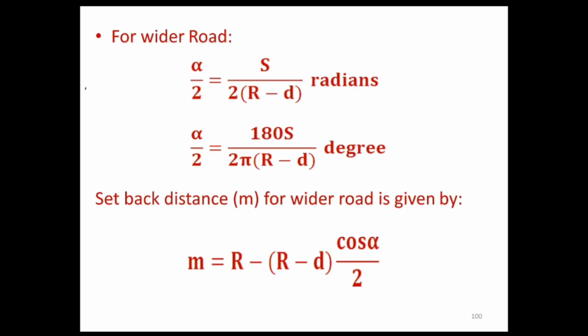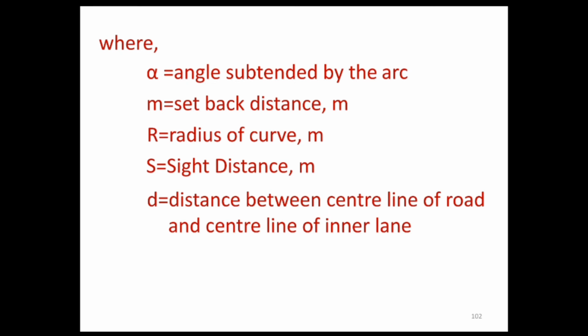In case of wide roads with 2 or more lanes, if D is the distance between the center line of the road and the center line of the inner side lane in meters, the side distance is measured along the middle of the inner lane, and the setback distance M is given as M equals R minus (R minus D) cos alpha by 2, where alpha by 2 equals 180 S upon 2 pi (R minus D) in degrees, and alpha by 2 equals S upon 2 (R minus D) in radians, where alpha is the angle subtended by the arc, M is the setback distance in meters, R is the radius of the curve in meters, S is the side distance in meters, and D is the distance between the center line of the road and the center line of the inner lane.